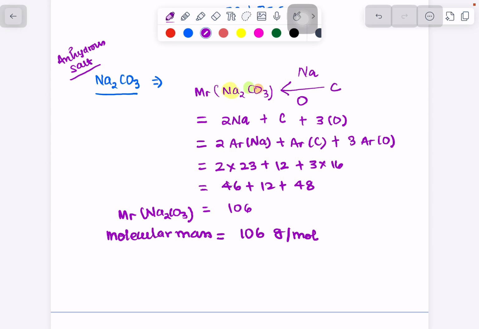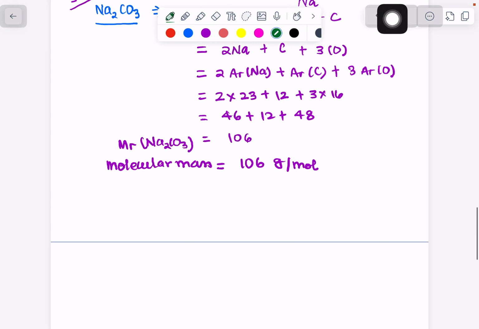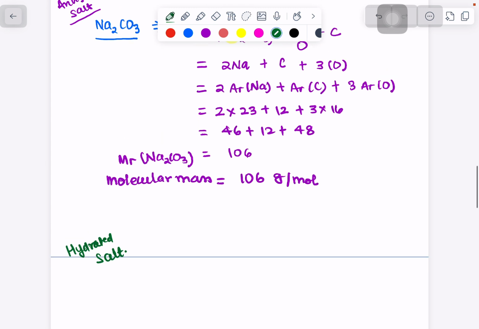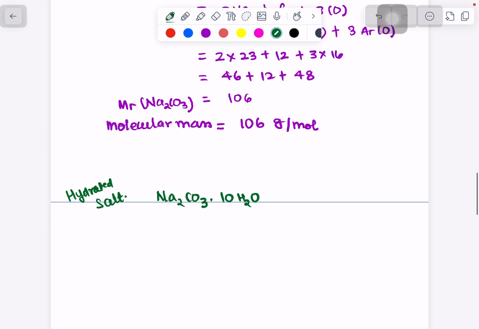If we add crystalline water to it, then it is a crystalline salt or a hydrated salt. A hydrated salt is one with water in it. For example, Na2CO3 is anhydrous. Now we'll talk about its hydrated or hydrous state. It's Na2CO3 dot 10H2O. Okay, so that's the formula.